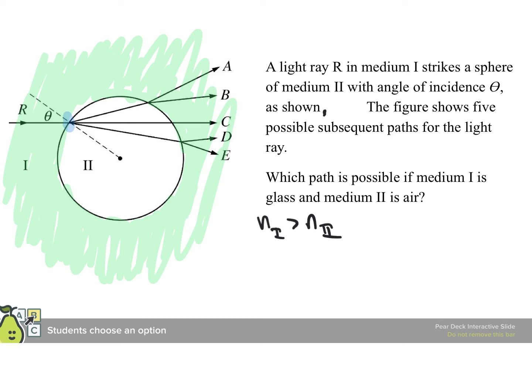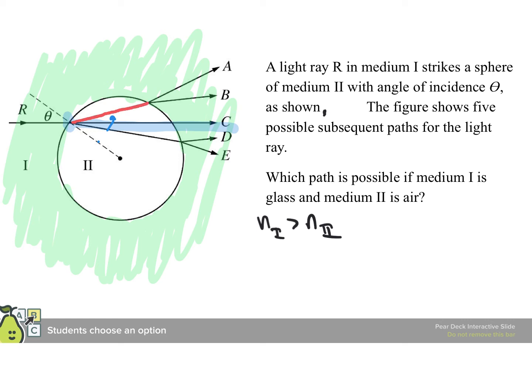Well, this was the original direction. That's ray C, so C is already right out. And we know that we're going to swing away from the normal. Well, here's the normal, so it's going to swing away. So we're on path AB, right? That's our new path.